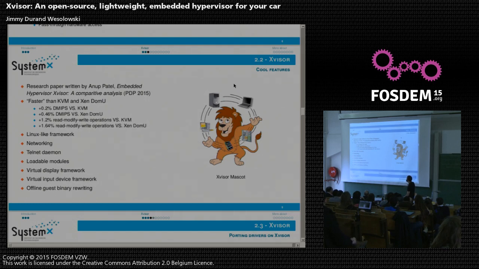There are many features like in Linux. The framework is really like Linux. I will show this. There is already networking, a telnet daemon, loadable modules, and very, very nice features for emulation.